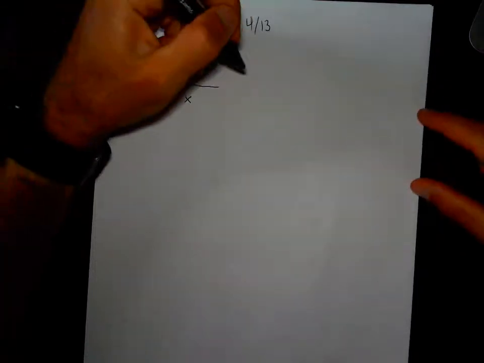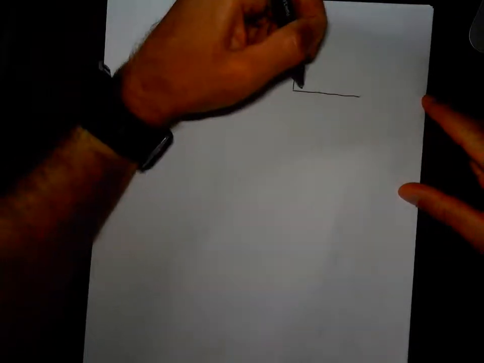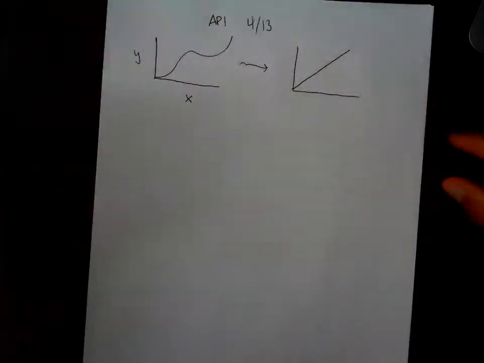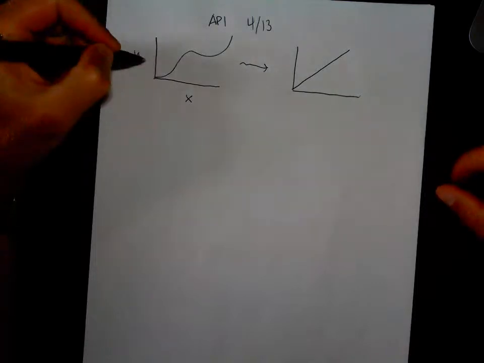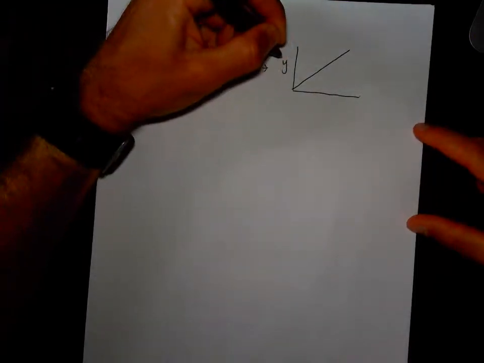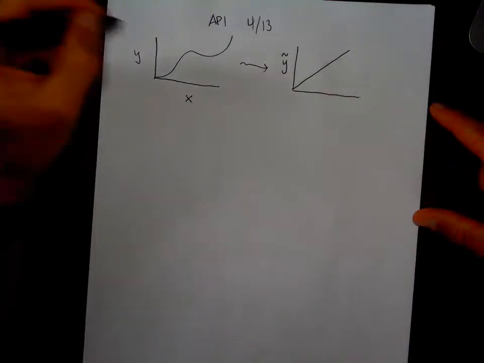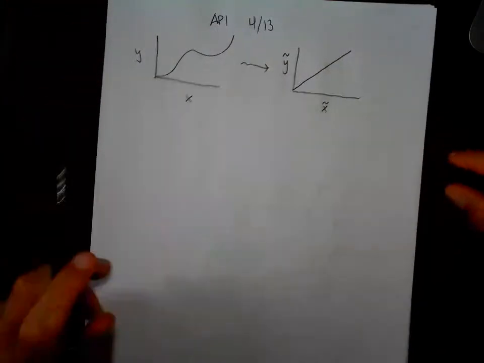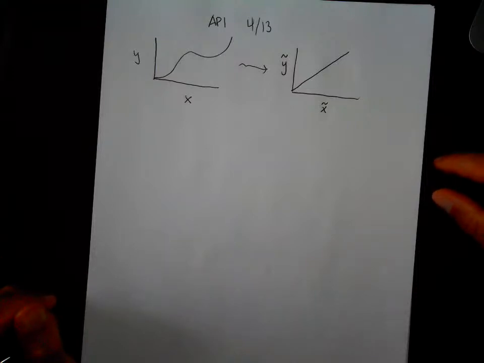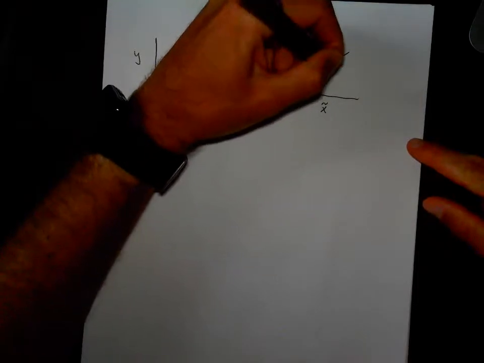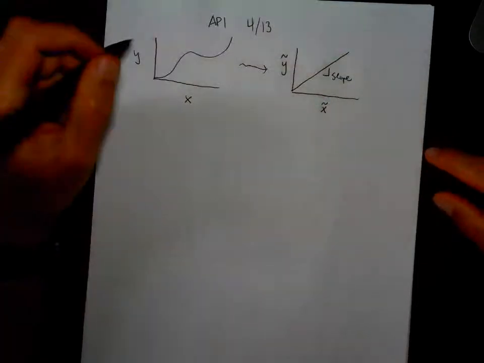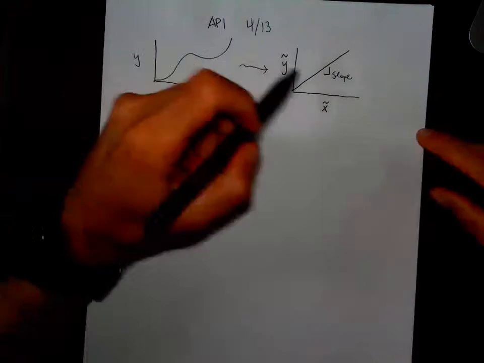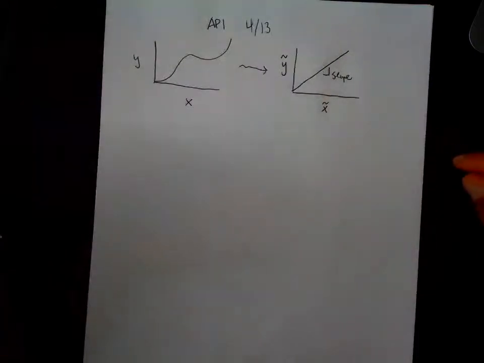But our brains are really good at understanding straight lines. So wouldn't it be nice if we could define new variables, y squiggle and x squiggle, such that this looks like a straight line now? And what would be the meaning of the slope? Because basically what humans are good at is making line graphs and calculating the slope.